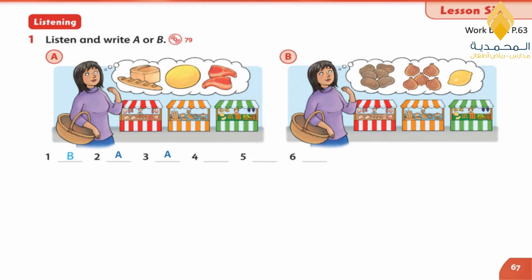Number 5. Hello, can I help you? Oh, yes. I'd like a lemon, please. Okay, here you are. Thank you. Number 6. What would you like? I'd like some bread, please. This bread is very nice. Would you like it? Yes, thank you very much.